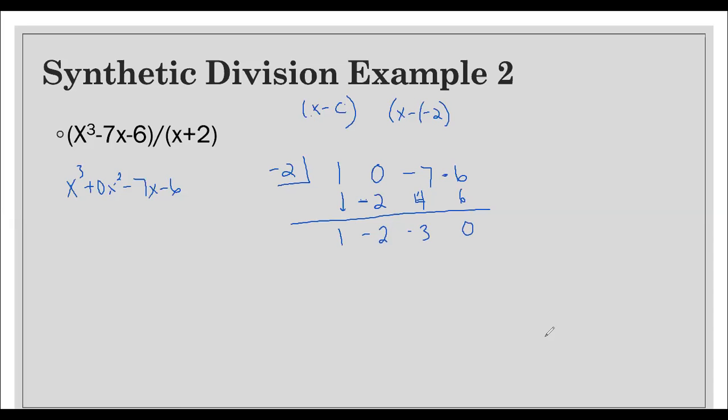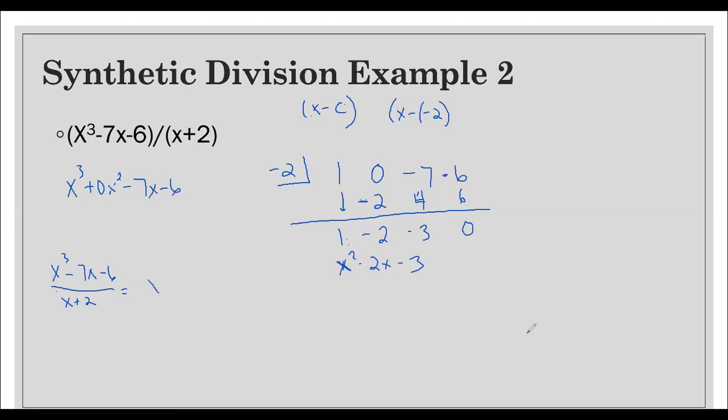Okay, so what that means is that x cubed minus 7x minus 6 divided by x plus 2 is equal to, we drop down the power on our variable by 1 from here.